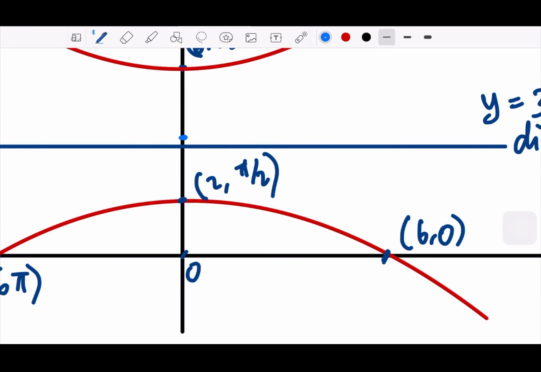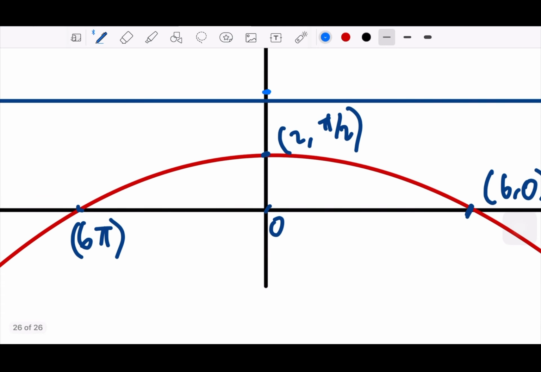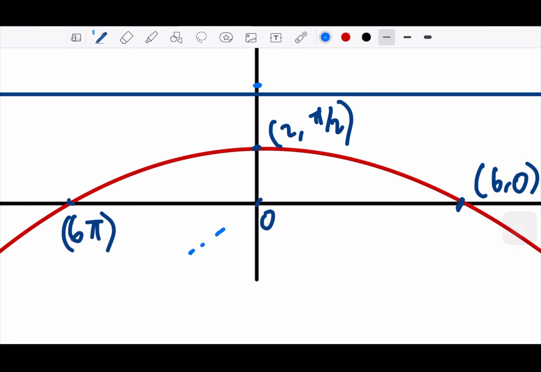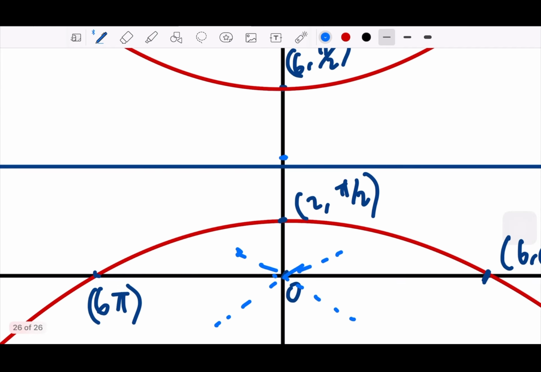If the angles are 7 over 6 and 11 over 6, maybe it's like this, then the asymptotes will be parallel with those lines, with the angle from here. So we can draw the asymptote.